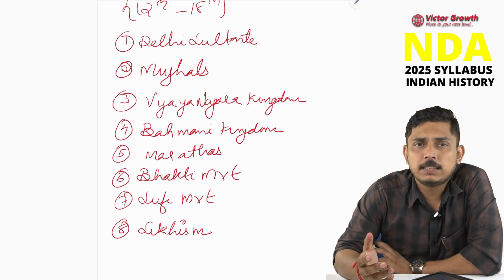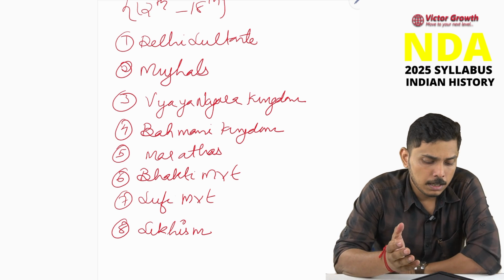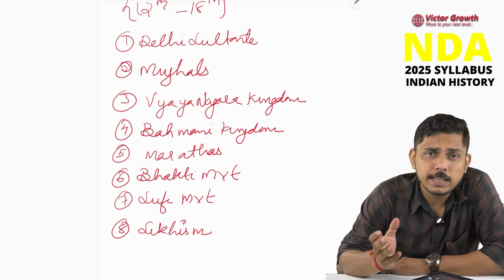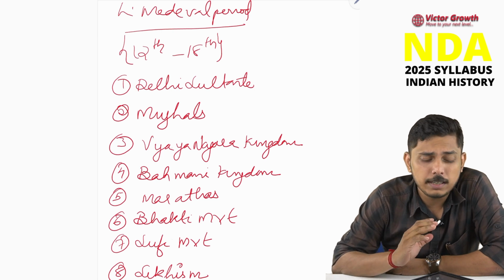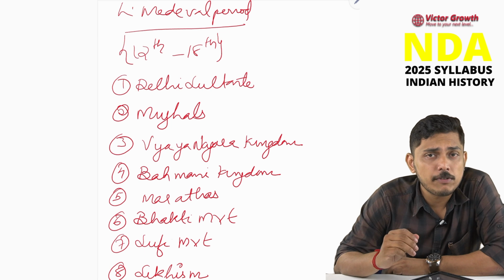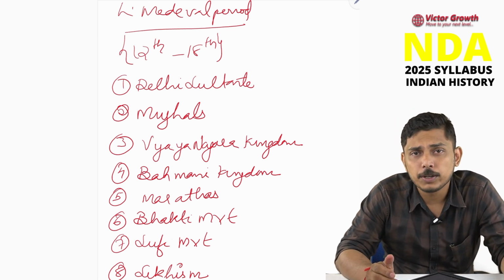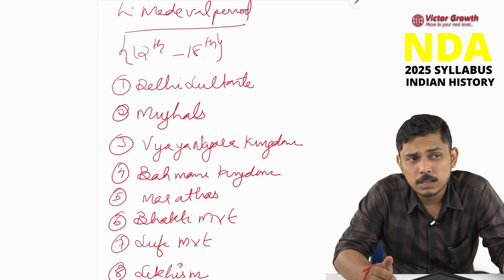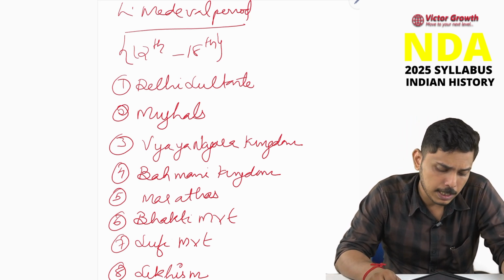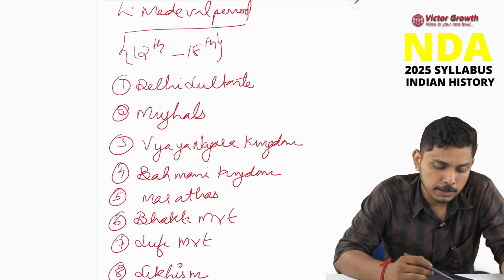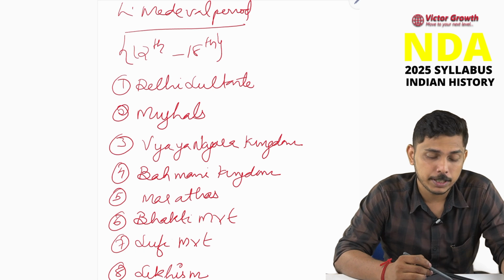How can we analyze a trend in medieval Indian history? From 2000 to 2022 onwards, we can see a trend that before 2022 there were regular questions from the Delhi Sultanate and Mughals. But after 2022, when you analyze the NTA question papers, and not only NTA but the exams conducted by UPSC for CDS, CAPF, CSE, you can see that the earlier importance of the Delhi Sultanate and Mughals has declined in the question paper.